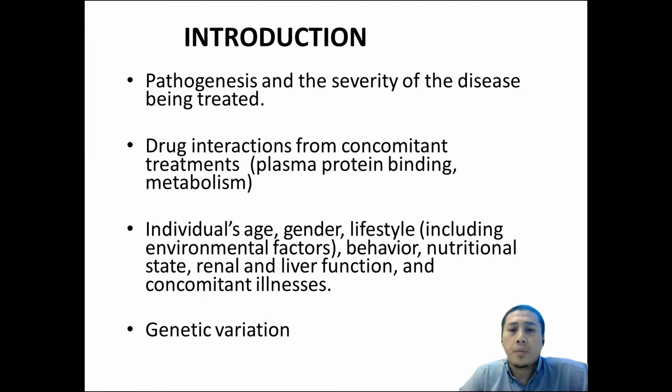All right. For example, diabetes. You have diabetes type 1 and diabetes type 2, but in general, you have diabetes mellitus. However, the pathogenesis, the etiology of type 1 and type 2 are different. So that's one example of how pathogenesis and severity affect the disease being treated.